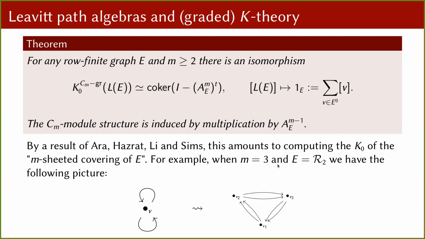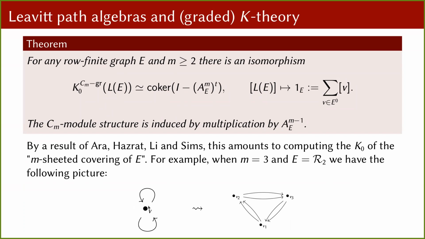So here I'm only going to draw a picture, but that is the idea. So for example, if the graph is the rose of 2 petals, like here, and M is 3, then the 3 sheeted covering of R2 is this picture here. We have 3 vertices. So we have like 3 levels. In each level, we put all the vertices of the original graph.